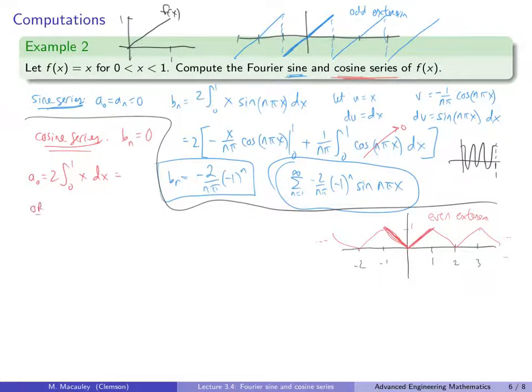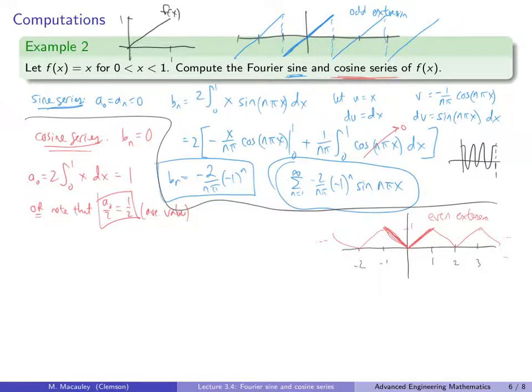So we note that a naught over 2 is 1/2, and this is the average value. So we know this. In other words, if we compute this integral, we should get that a naught equals 1, because a naught over 2 equals 1/2. So this thing should be equal to 1. And you can see that it is.